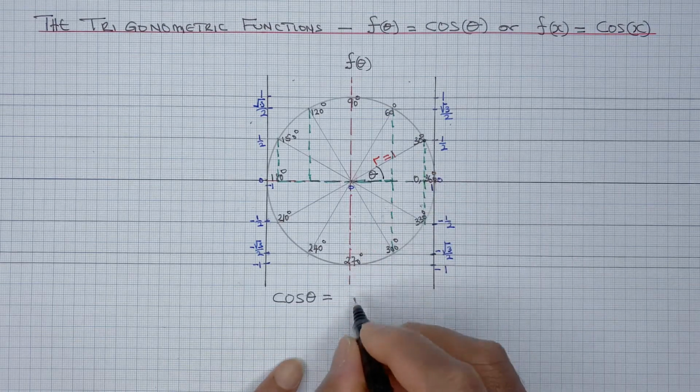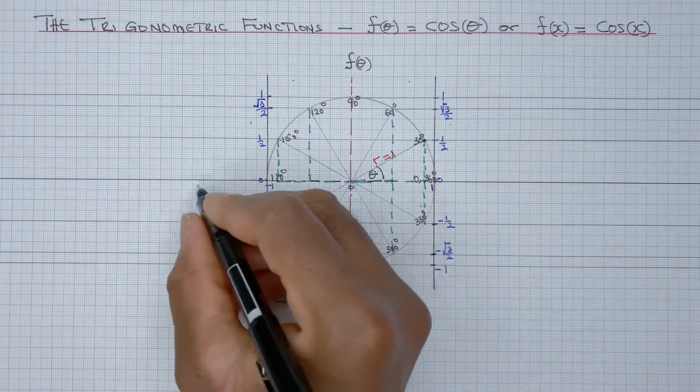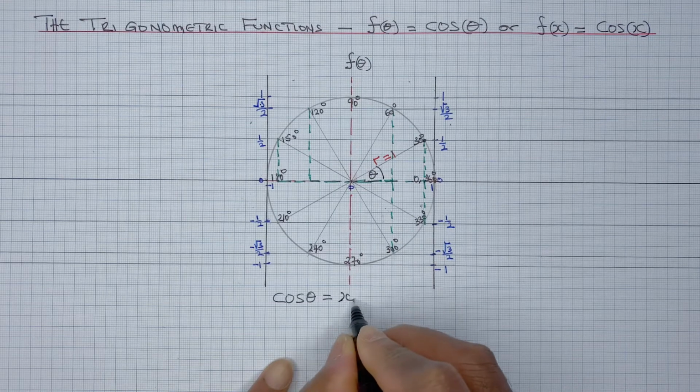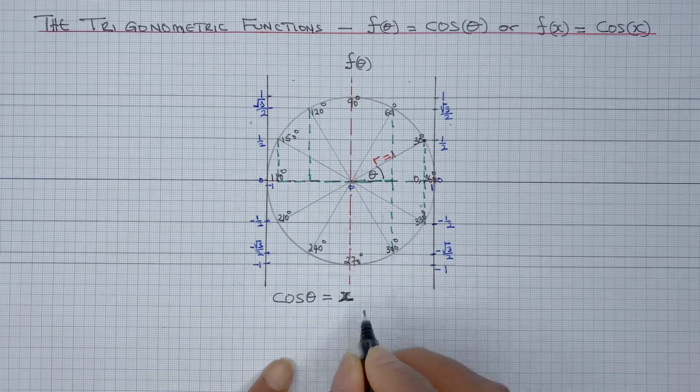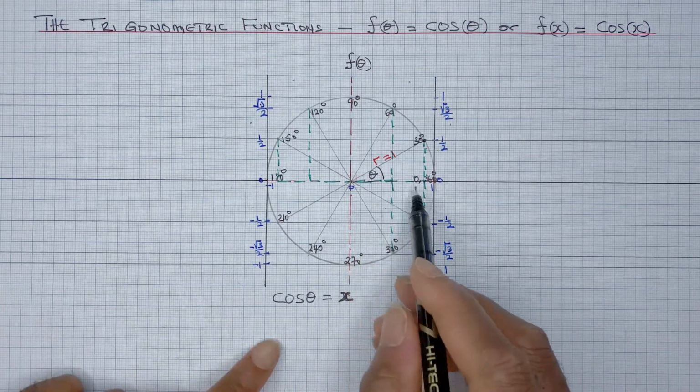Hypotenuse is 1, so it's just going to be x. The adjacent is x. This is the x-axis, and this is the y-axis. So it's just x in this case. So what we're measuring is x.